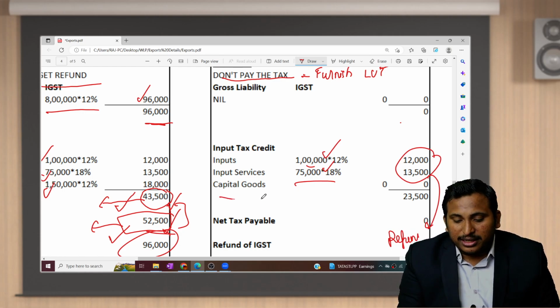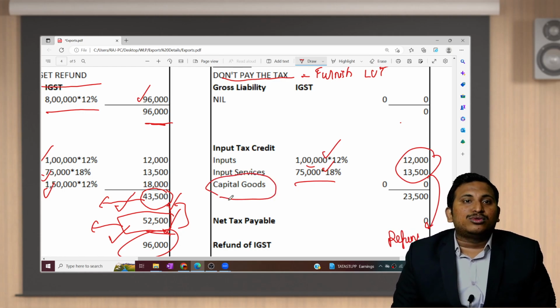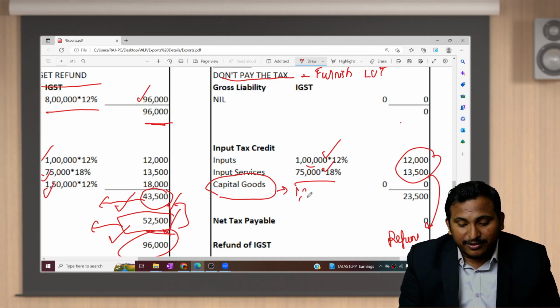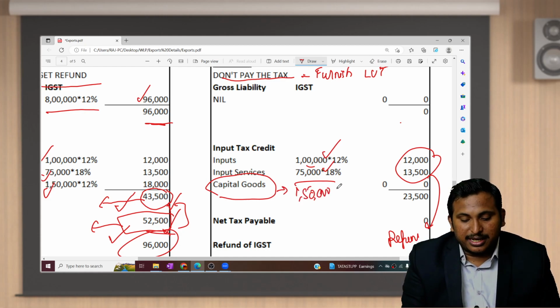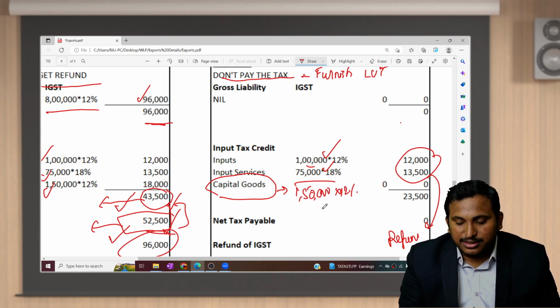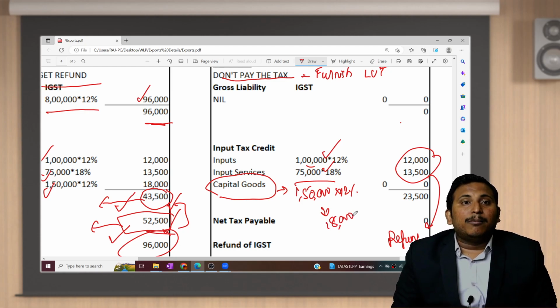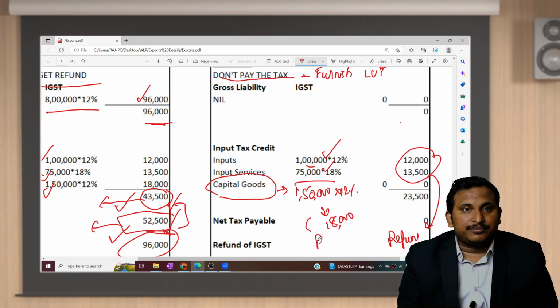Now, what about tax credit on capital goods, sir? Let me tell you. On this also, tax credit will be there, just like in the previous scenario. But why I have shown it as zero, I'll tell you. 18,000 tax credit may be there, but you will not get it as a refund. If you take the second option, with respect to capital goods you will not be allowed refund.